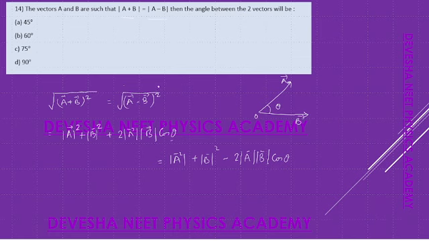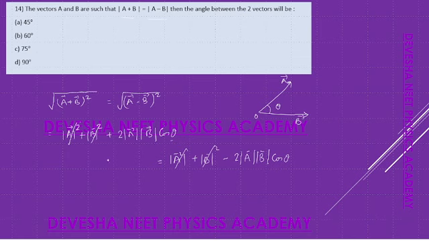I've removed the square root from both sides because both sides have the same square root. Since these are non-zero, I can easily subtract this here. So 2ab cos theta is equal to minus 2ab cos theta.